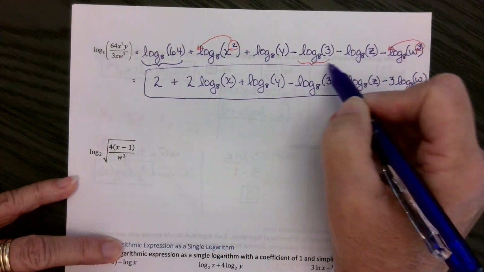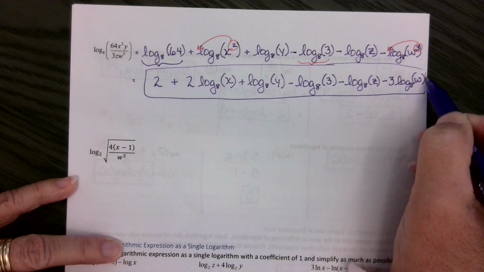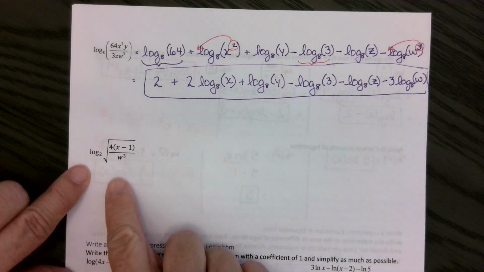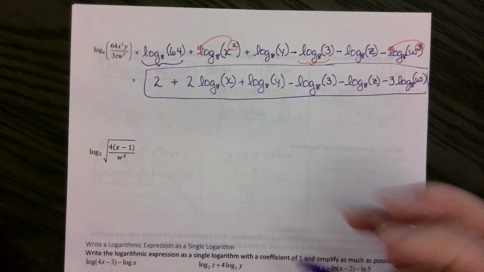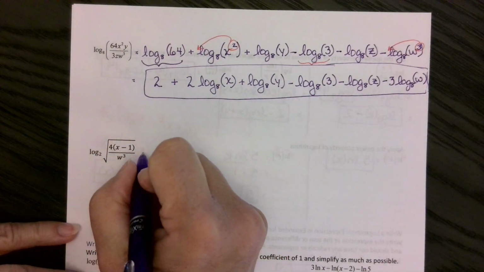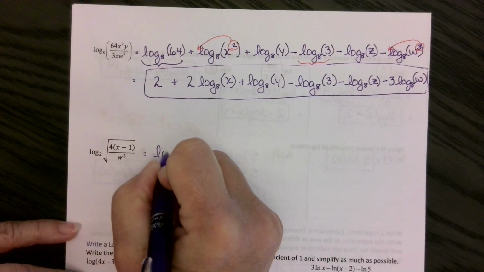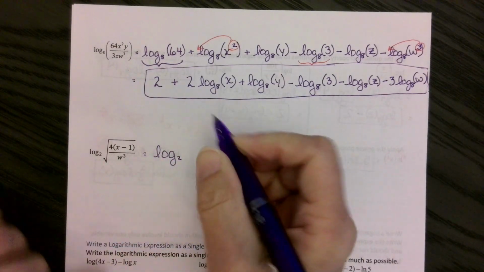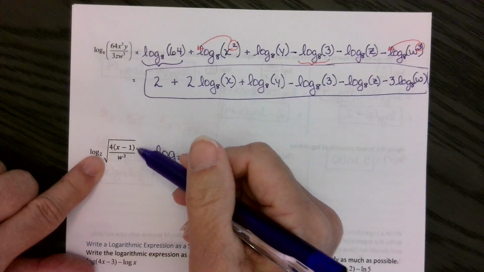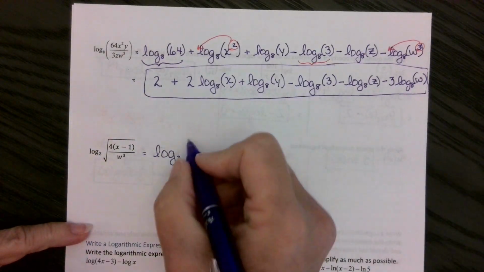It's long. Okay. Now, this one here goes back to our properties of exponents. We got to get rid of that radical first. So the first thing I'm going to do is I know that square root and 1/2 are the same thing.